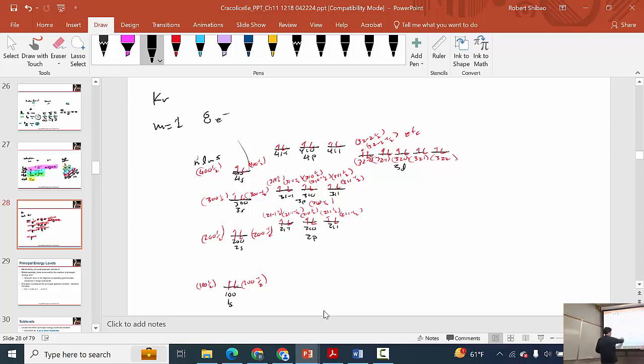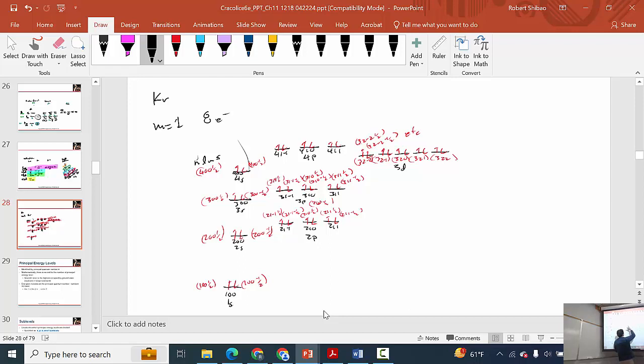If we fill the first shell, how many electrons is that? 2. If we fill the second shell, it's 2, 4, 6, 8 electrons to fill the second shell. To fill the third shell requires 8. And so this 2 plus 8 is 10. 10 plus 8 is 18. To fill the fourth shell, how many electrons is that? 18.